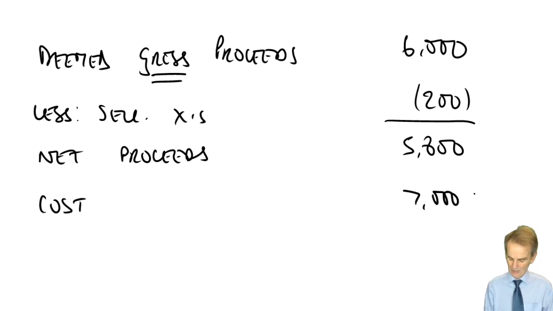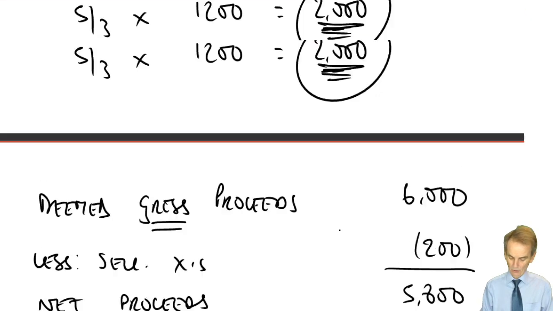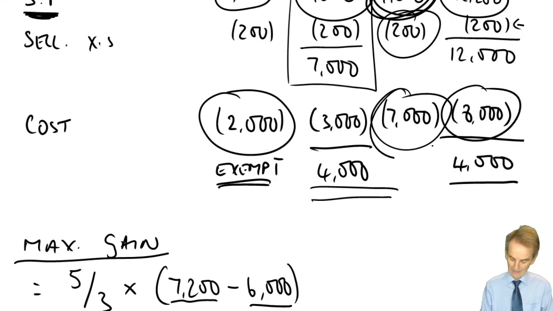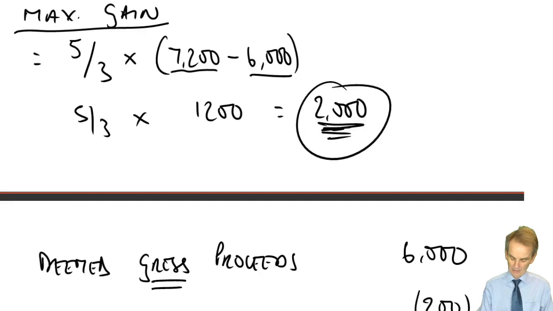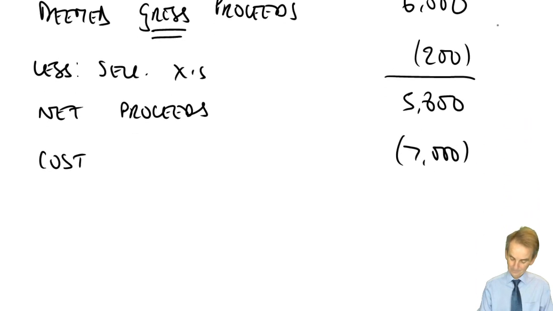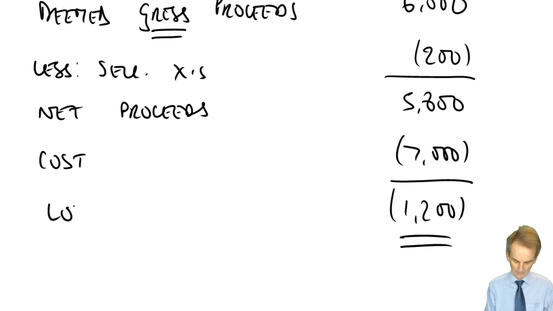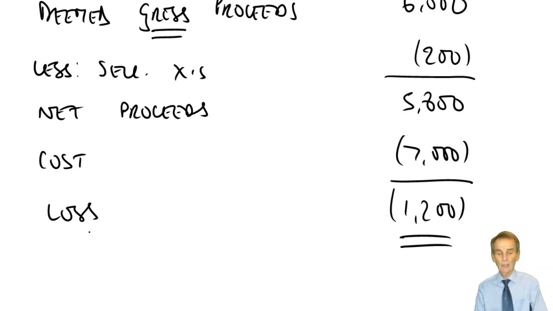Take away our allowable cost. The cost was £7,000. Let me just check. I think it was £7,000. Yeah, there we go. Allowable cost £7,000. And that, therefore, will give us an allowable loss of £1,200 there.